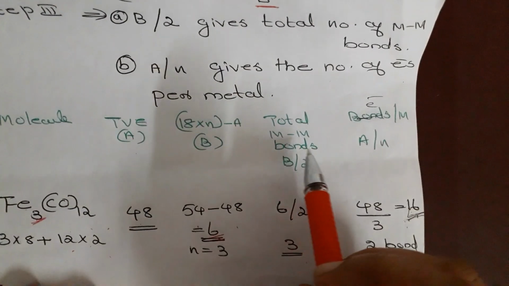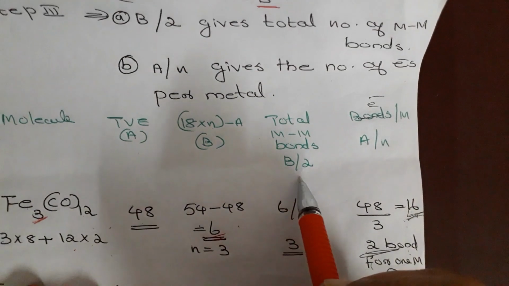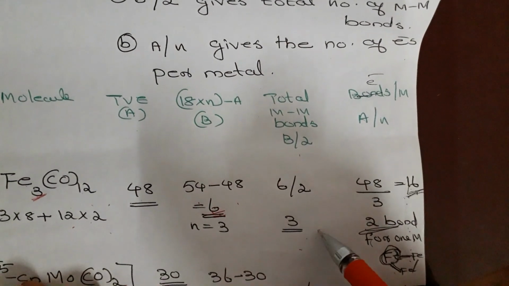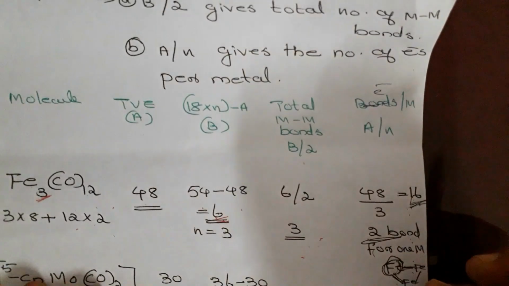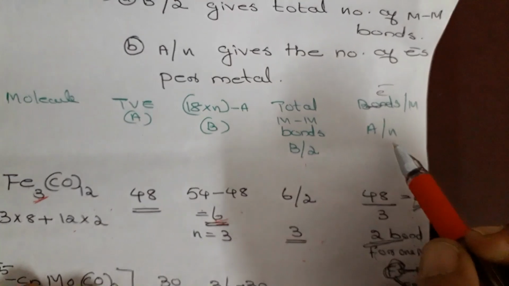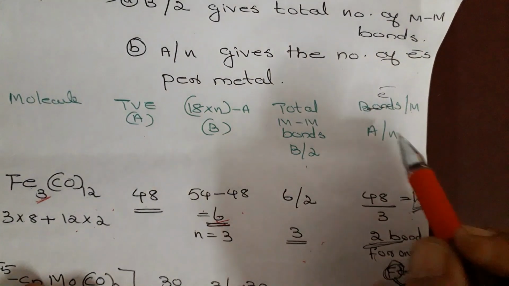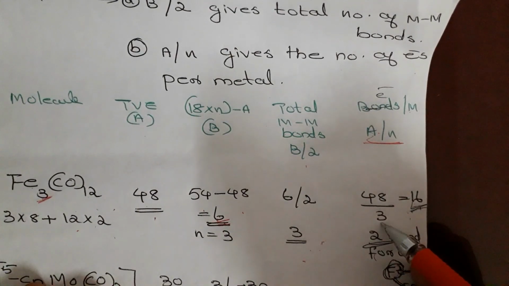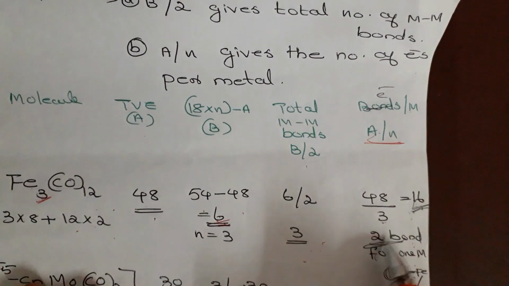Then the total number of metal bonds is B by 2, that means 6 by 2 gives 3 metal bonds. Then how many electrons per metal? A by n: A is 48, divided by n, the number of metal atoms, 3, so 48 divided by 3 is 16.